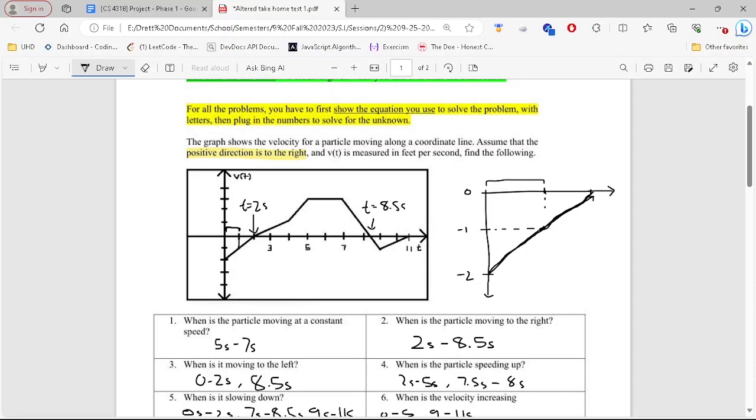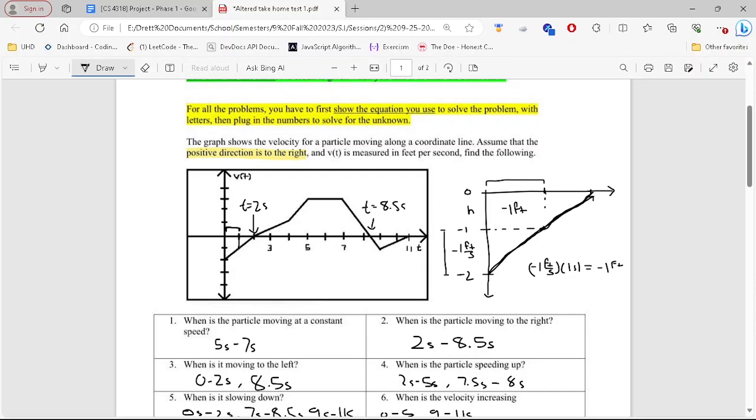Okay, so from 0 to -1, that's the height of this square. So -1 feet per second is the height, and then the base of the square is 1 second. So -1 feet per second times 1 second is equal to -1 feet. So what about this place right here? Our height is going to be from here to here. The difference between -2 and -1 is -1 feet per second.